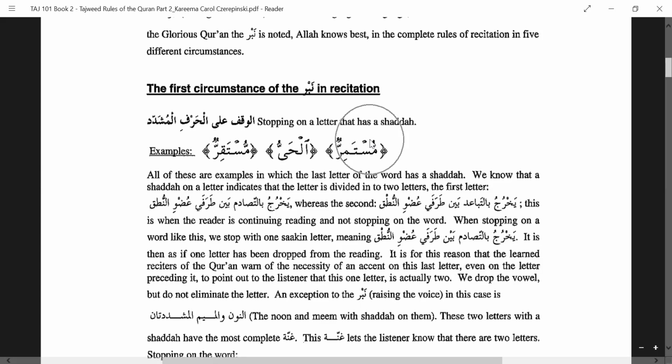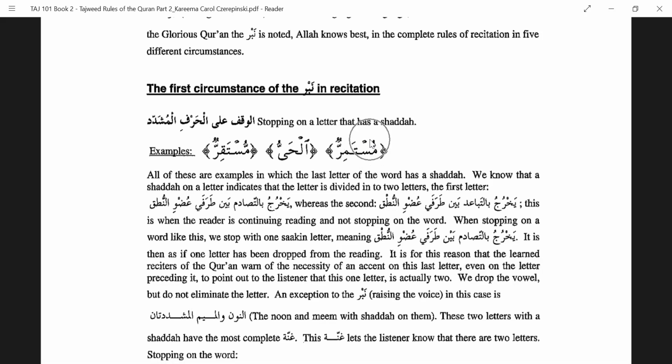Usually the rule in recitation is that whenever you stop, you make the last letter a sukoon. You do not recite the haraka that is there on it. Although the sukoon may not be written, when you recite it, you recite as though it is a sukoon. You will recite it as mustamir, but it is mustamirun.